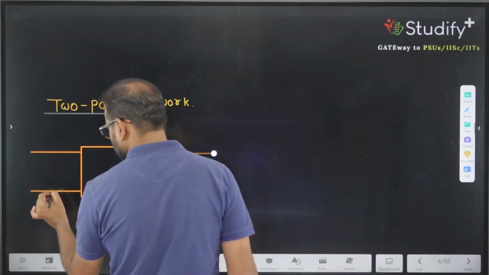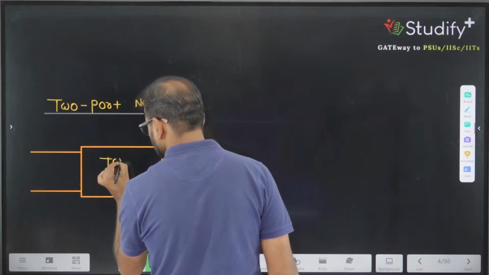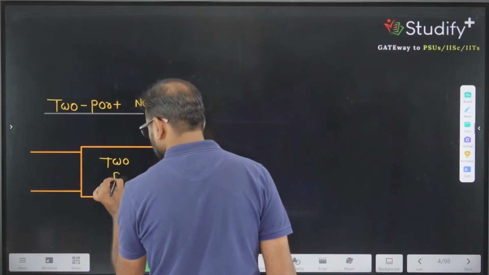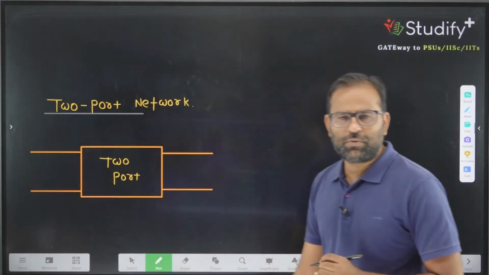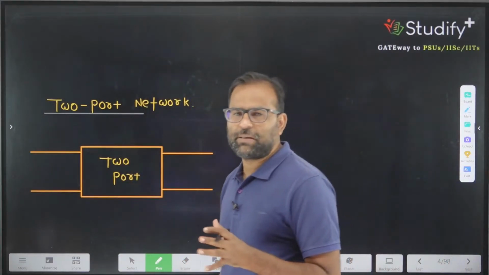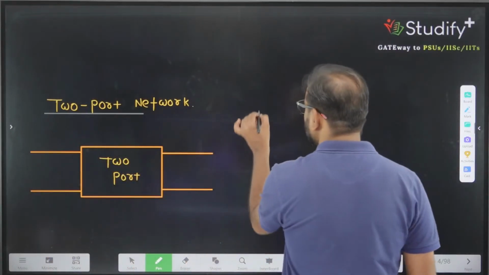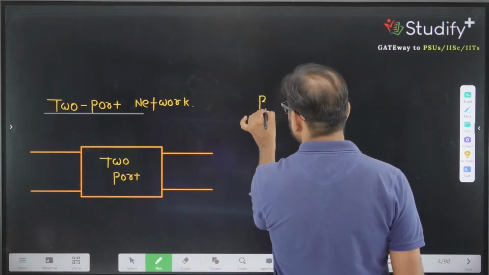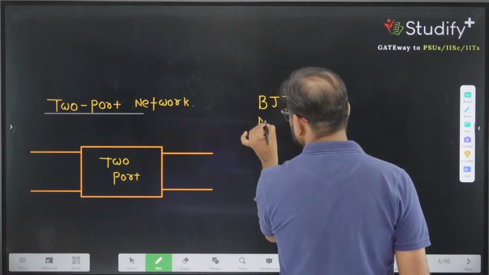This is one two-port network. In this two-port network, suppose we know the two-port parameters for some device. Let's say you know the two-port parameters for the BJT, or you know the two-port parameters for the MOSFET.